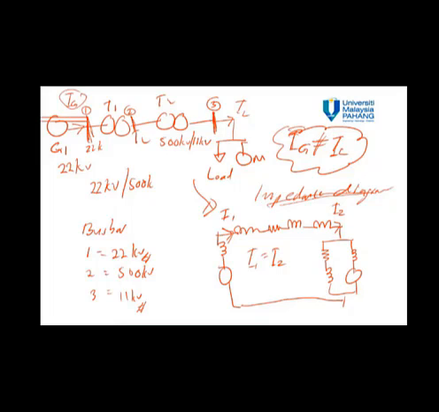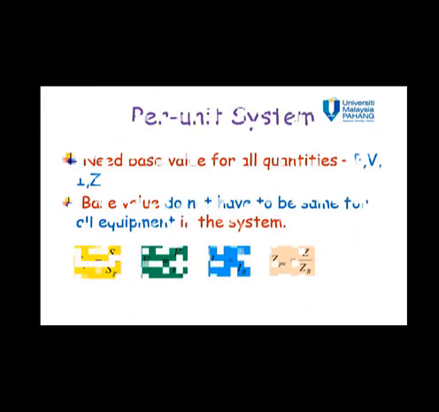So how do we simplify our calculations? First, we have to convert all the parameters into normalized values, which is called the per unit value. That's why we study the per unit value.